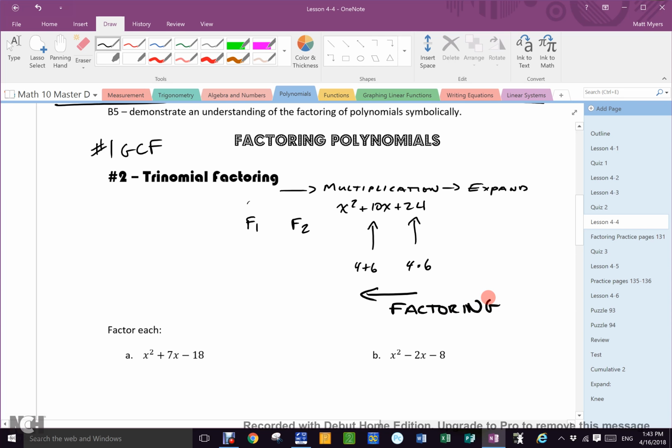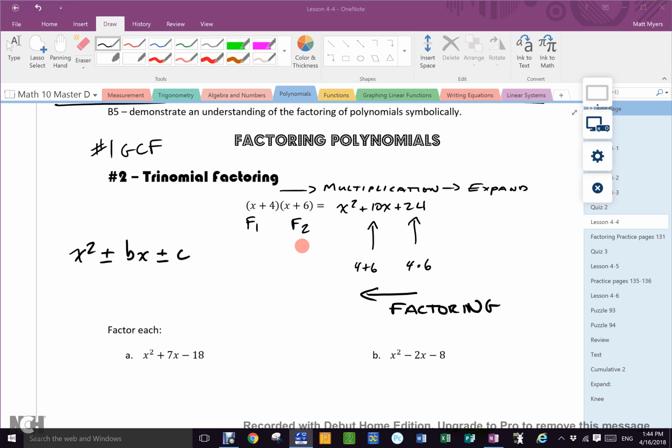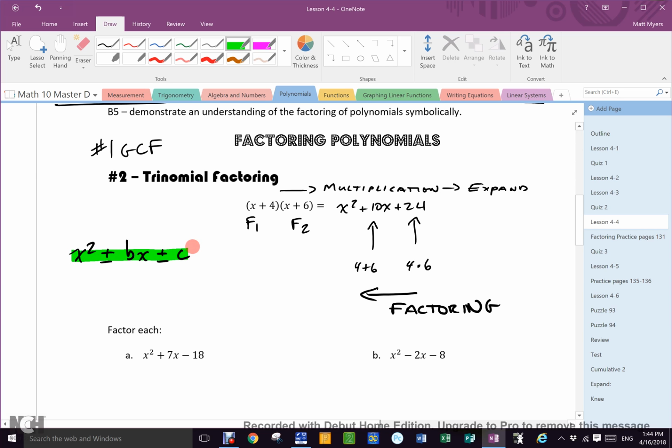And if we are going to factor something that looks like this, which is x squared plus or minus bx, so some coefficient with x, plus or minus c, sorry guys, I saw, don't worry about it, I'm fixing it right now. So you all are able to recognize why this is the same as this, yes?